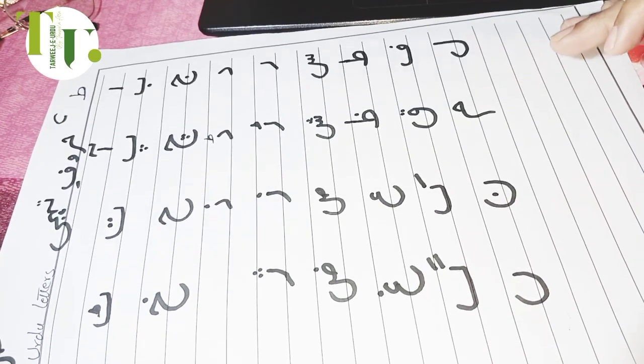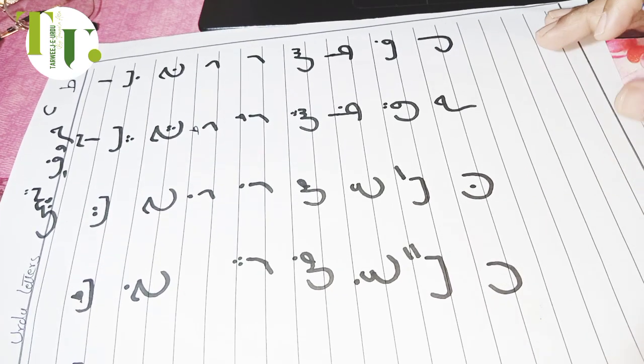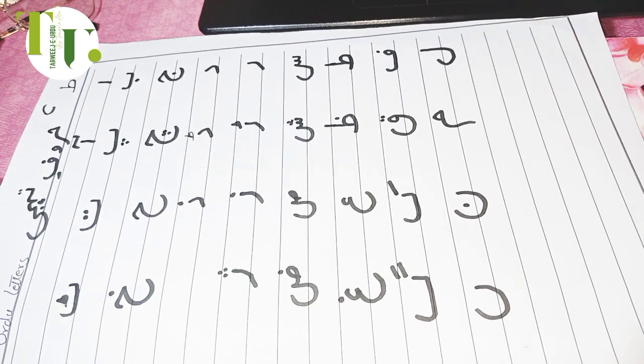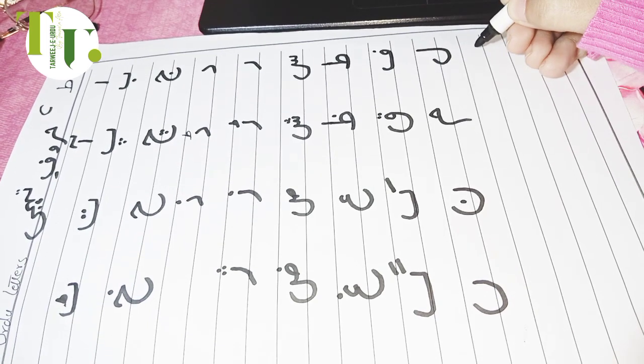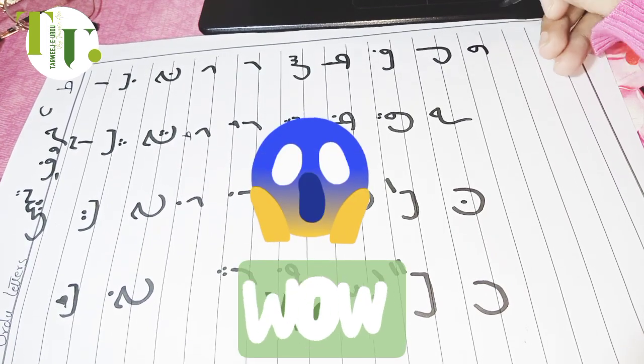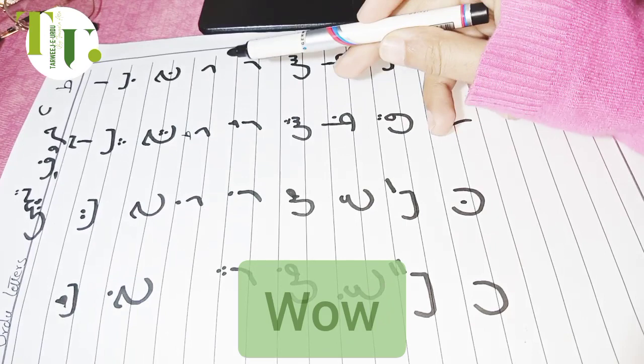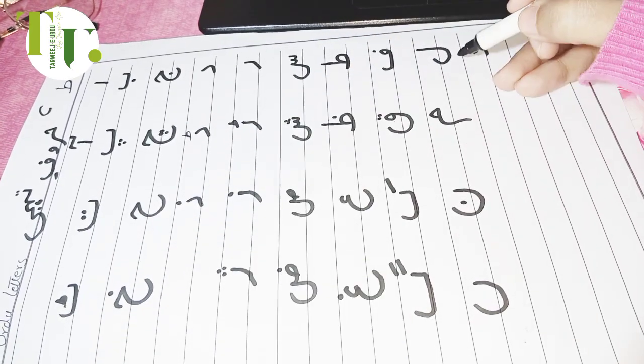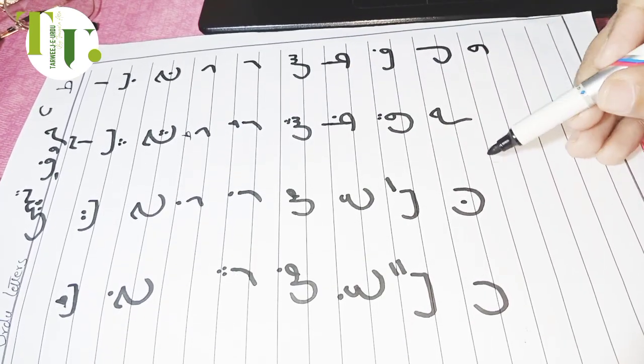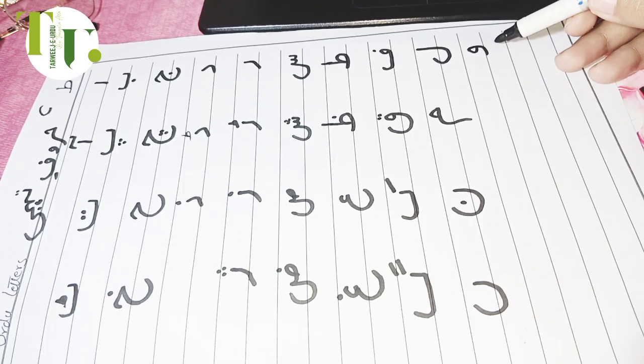Now we have next letter, that is wow. And wow is just on the line, same like dal, dal, zal. And lam, mim, noon, noon hunna, wow.